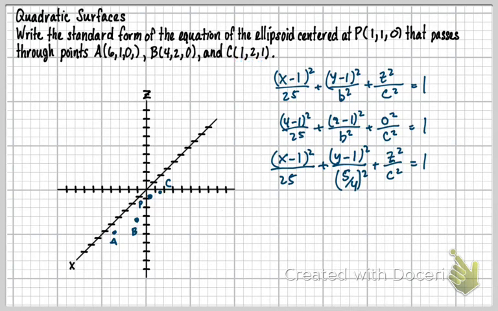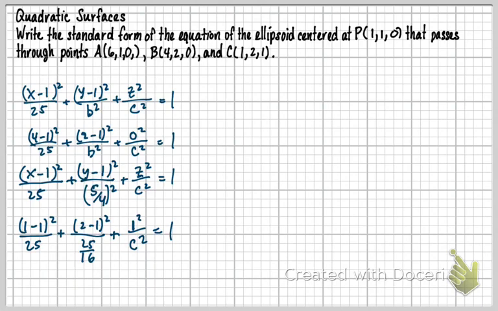And that's going to give us, the first one here zeroes out, 1 minus 1 is 0. This here is going to give me a 1. 2 minus 1 is 1 squared, so it's going to be 1 over 25 over 16 plus 1 over C squared, and that equals 1. Since this is on the bottom, it's a flip and multiply. So this is really 16/25 plus 1 over C squared equals 1.